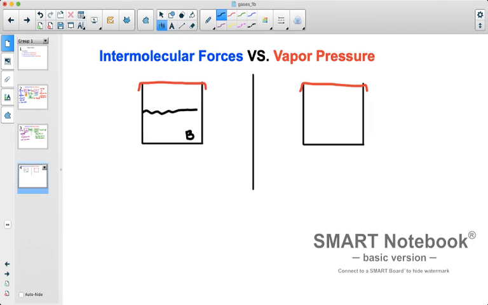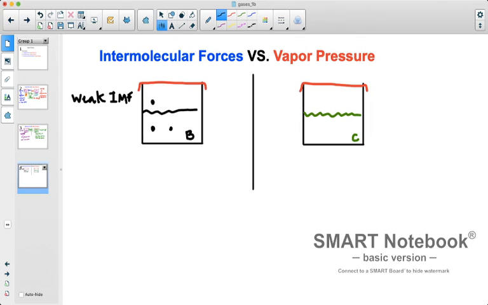And on the right-hand side, let's have liquid C. Now, liquid B, someone would have to tell you, has a weak intermolecular force holding the liquid together. And when it has a weak intermolecular force, what that means is that the liquid easily changes into a gas.